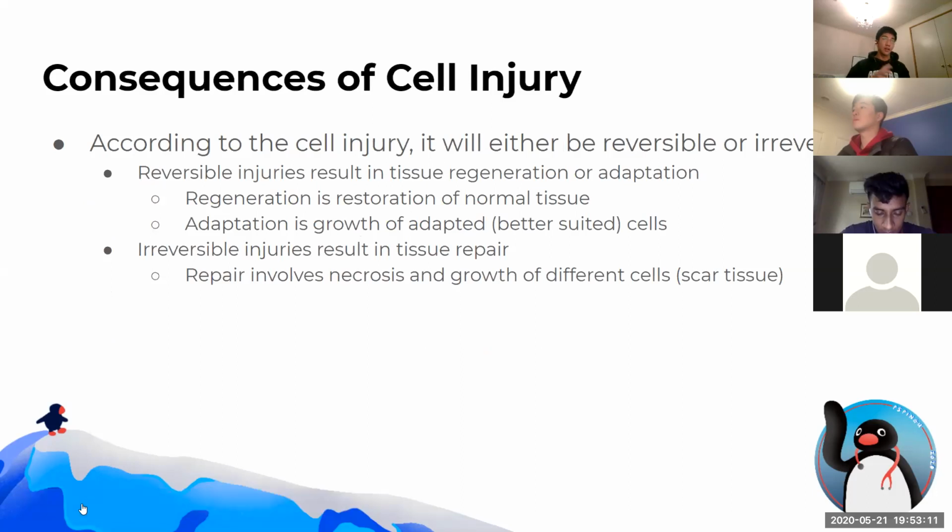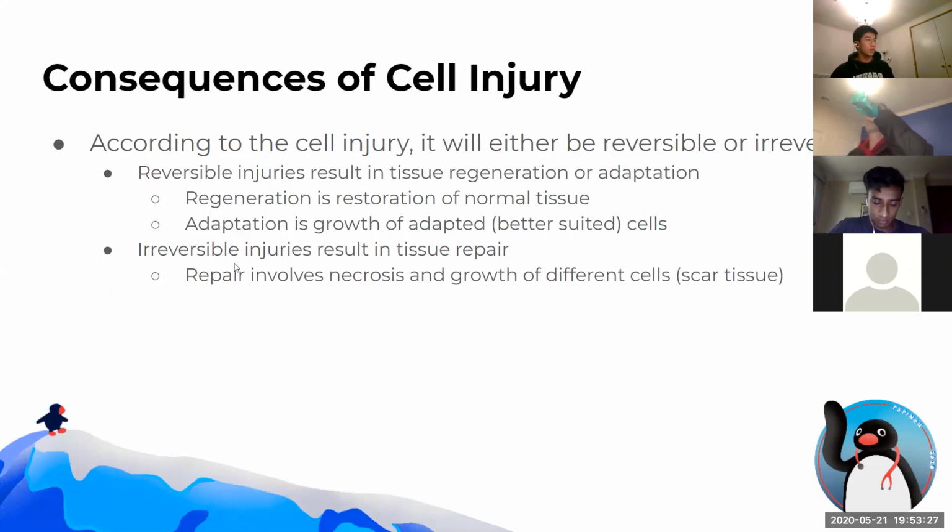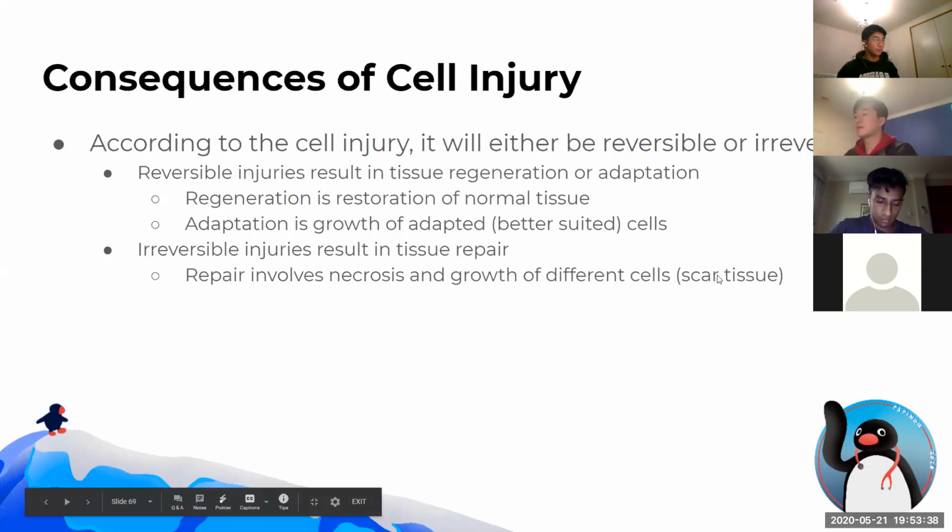And as a result, just like in the flowchart, it will either be reversible or irreversible, depending on how bad it is. If it's reversible, we get something called tissue regeneration or adaptation. However, if it's irreversible, we get tissue repair, where we kill off some of the cells and then form an abnormal type of cell, which is how we get scars.